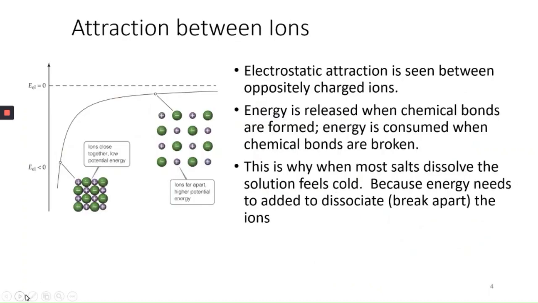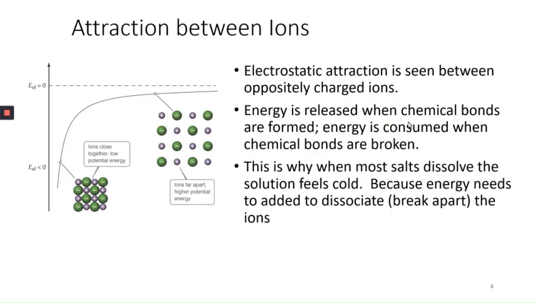So we could use this to kind of explain ionic bonding. In ionic bonding, you have ions that are attracted to each other. They are oppositely charged, and they are attracted to each other. So you have an electrostatic attraction, and it's seen between oppositely charged ions. Energy is released when your chemical bonds are formed.